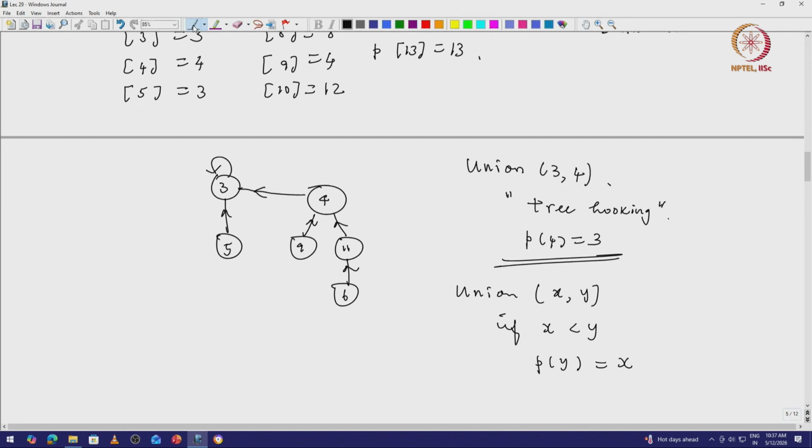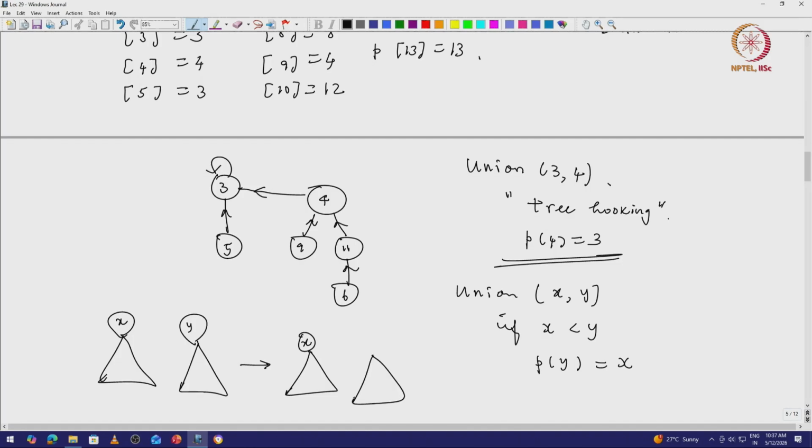Let me give two different pictures. Let us say this is x and this is y. X union y you have to take. X is less than y, therefore y is transferred to x.